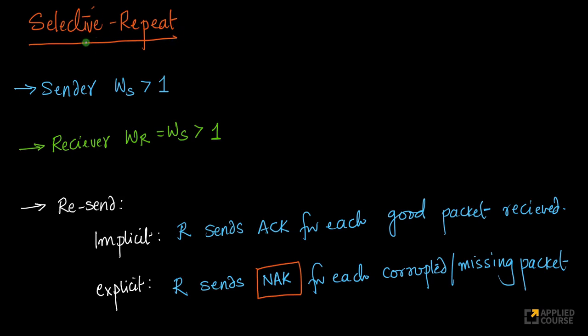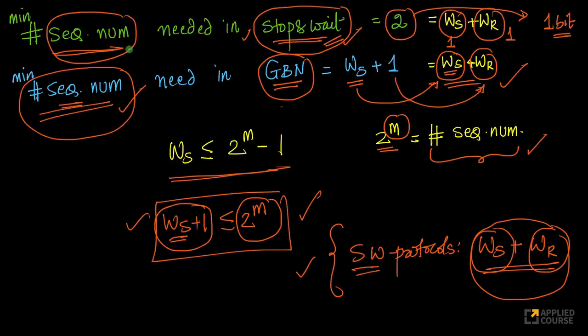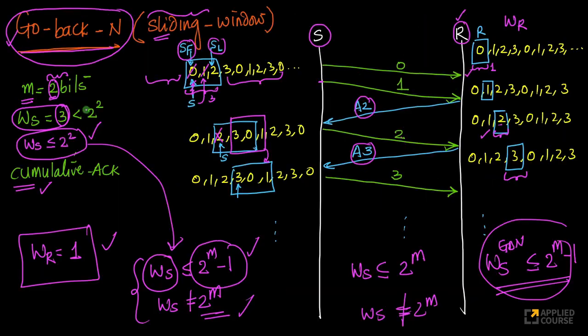So the next protocol is called a selective repeat protocol, often written in short as SR. This is also a sliding window protocol, just like your Go Back N. But as the name says, selective repeat. In Go Back N, whenever we have a problem, we go back. Look at this example that I showed you earlier.